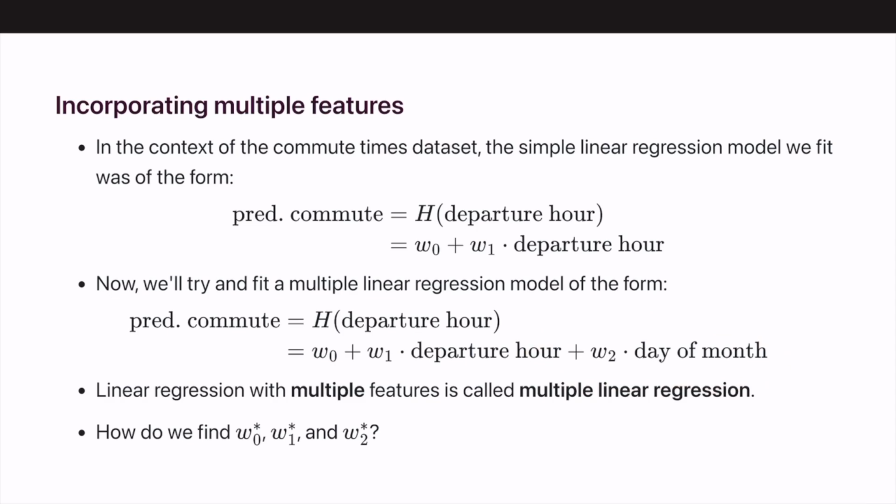In order to solve the regression problem, we need to define now a W0 star, W1 star, and an additional W2 star. We'll use that W2 star to multiply by our feature, X sub 2 in this case, day of the month, and we'll handle that in the design matrix.